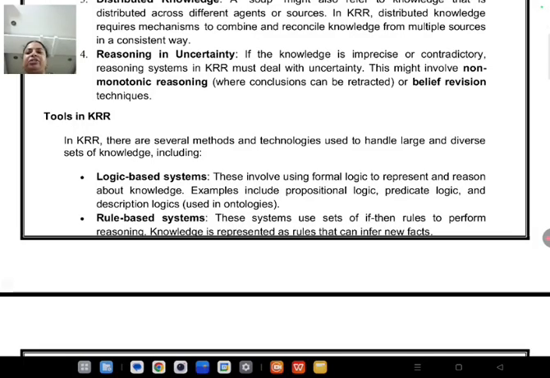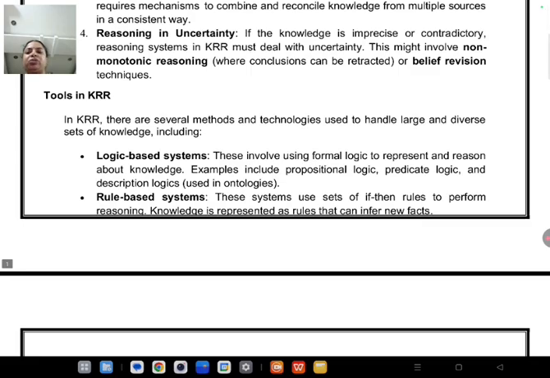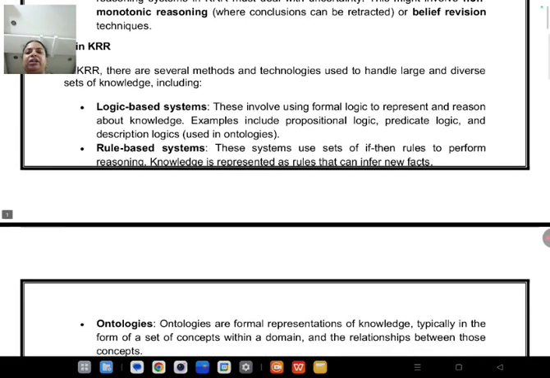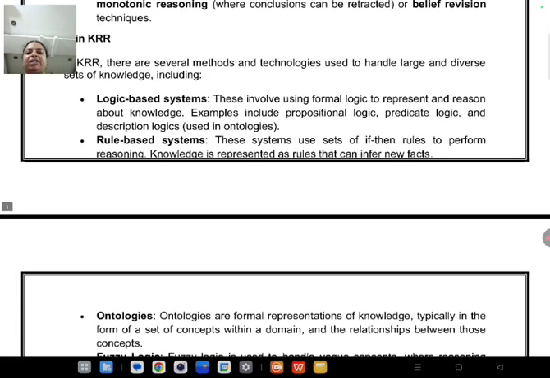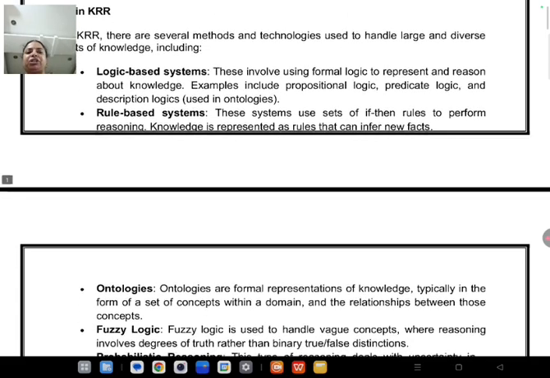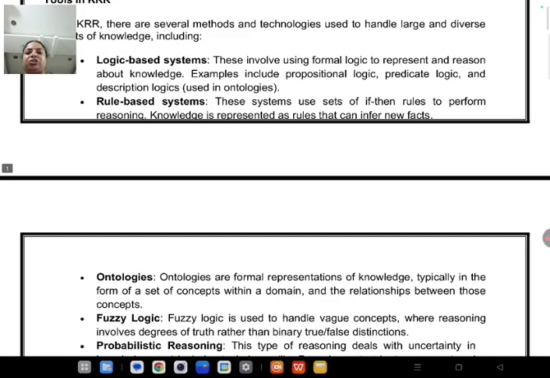For this knowledge soup, we need to use some tools. The tools are divided into different categories. One is logic-based systems, where we can use different types of logics like propositional, predicate logic and description logics.